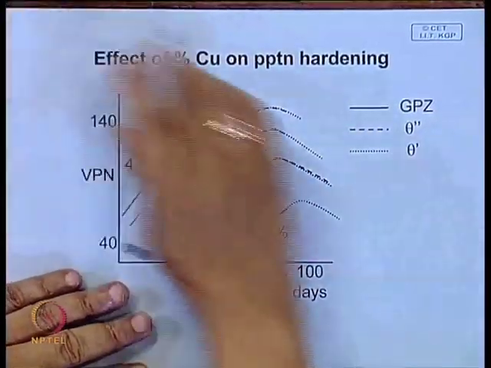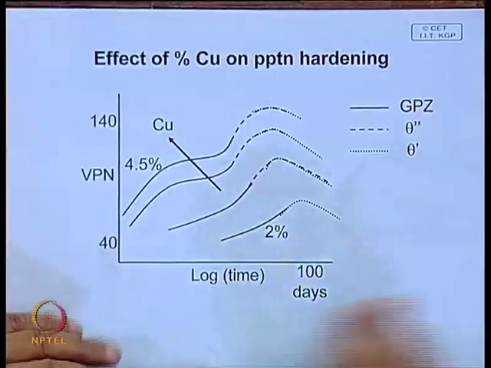Now, when this process of precipitation takes place, you have different types of precipitate forming in the matrix, and obviously, when these precipitates form in the matrix, they will make the process of deformation more difficult, because we have learned that metals deform by movement of dislocation.